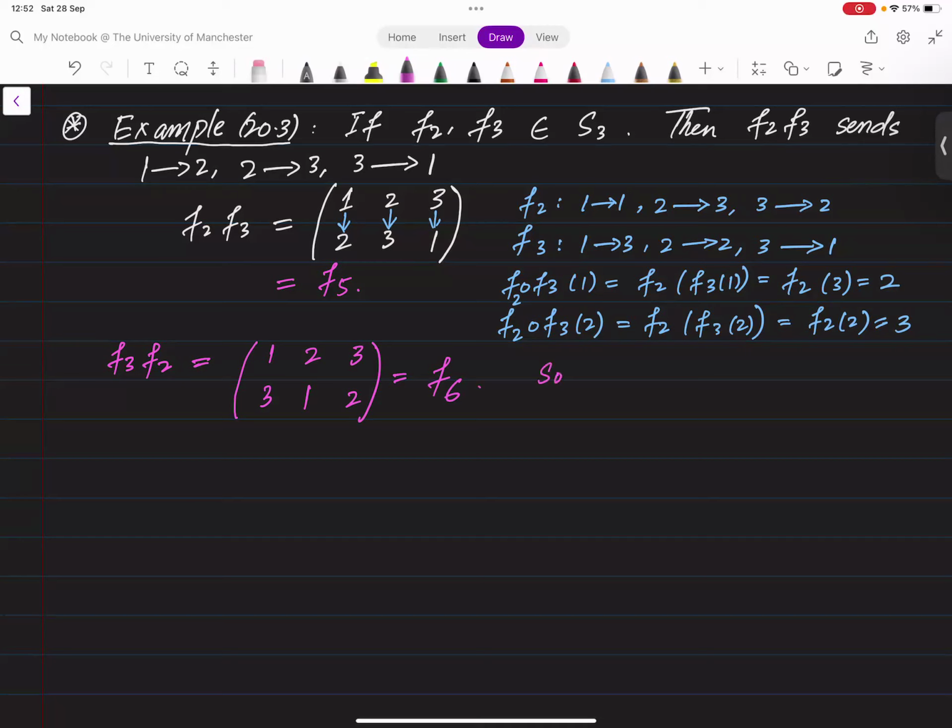So that means F2 compose F3 is not equal to F3 compose F2. So the order in which we perform the composition of permutations is very important, right? They are not commutative.